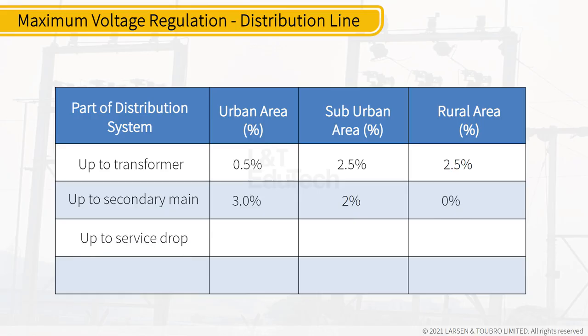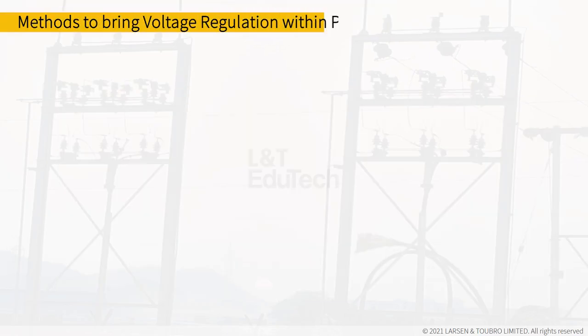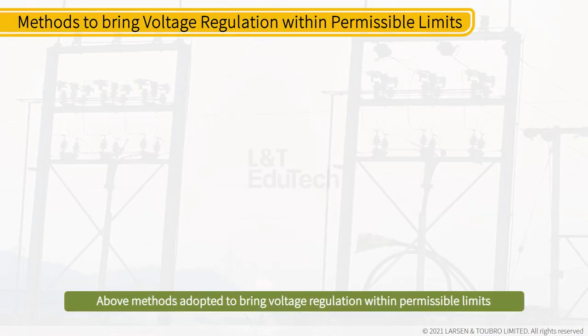Up to service point, in urban area it is 0.5%, in suburban area it is 0.5%, and in rural area it is 0.5%. In total, in urban area it is 6%, in suburban area it is 5%, and in rural area it is 3%.